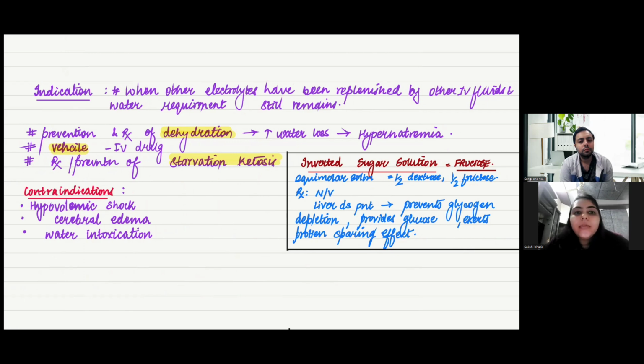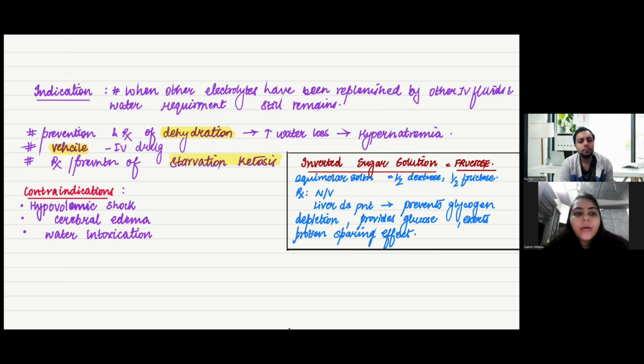Next, it is used in the prevention and treatment of dehydration. In dehydration, there is excessive water loss, which can lead to hypernatremia in the body, and there we can use dextrose to prevent hypernatremia. Among other uses, it can be used as a vehicle for IV drug infusion, and it can be used for the treatment and prevention of starvation ketosis.